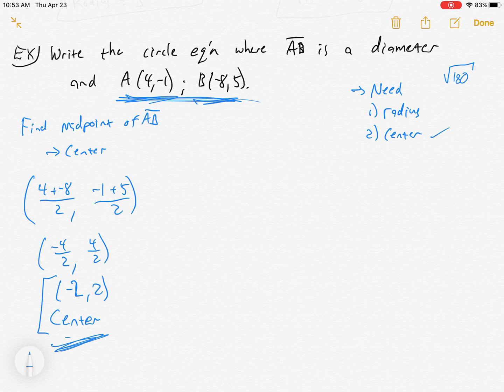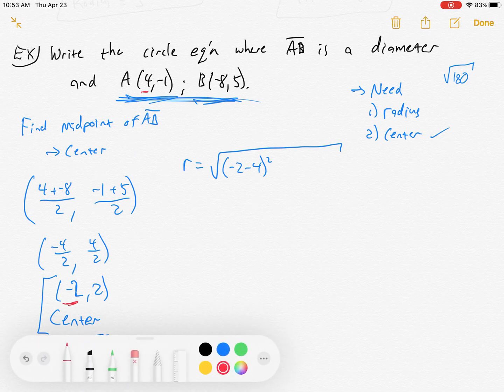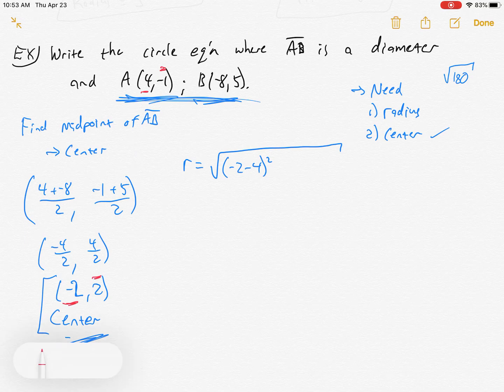So the radius is a distance from the center to any point on the circle. So pick your favorite one. If one has a 0, go with that. If one has more positives, go with that. These, neither zeros, not all positives, so let's go with the one with smaller numbers. So the radius is the distance between our x's, -2 minus 4. So I'm looking at that minus that.